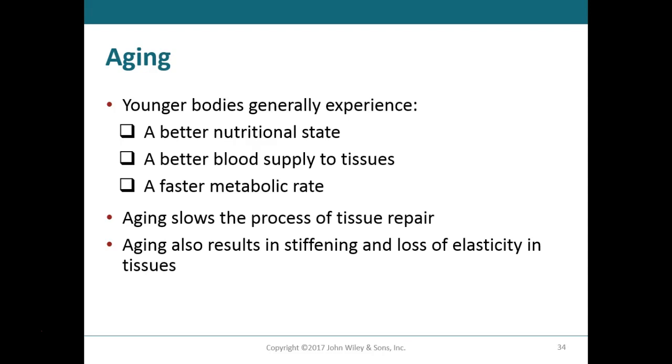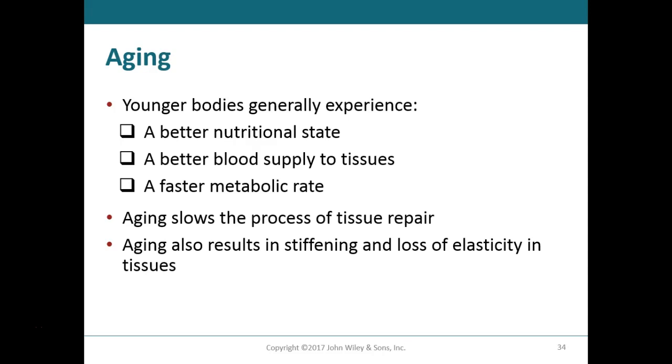So think about the action of the cardiovascular system. If the heart is functioning properly, then blood is being pumped out to body tissues. If your digestive system is functioning properly, then you're absorbing the nutrients and able to take those nutrients out to body tissues. So as long as things are happening as they should, then tissue regeneration will tend to happen as it should.